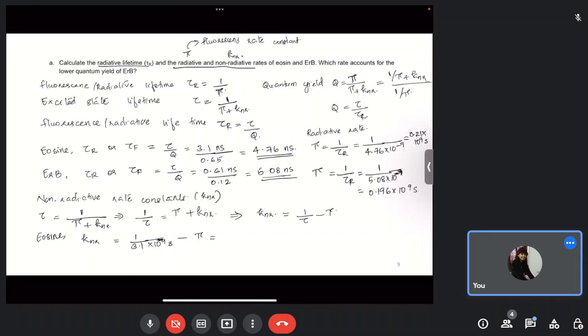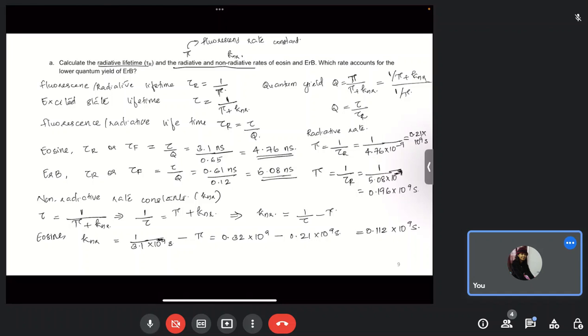So that is 0.32 into 10 to the power 9 minus, for eosin the gamma value is 0.21 into 10 to the power 9 seconds. So this is going to be 0.112 into 10 to the power 9 seconds.